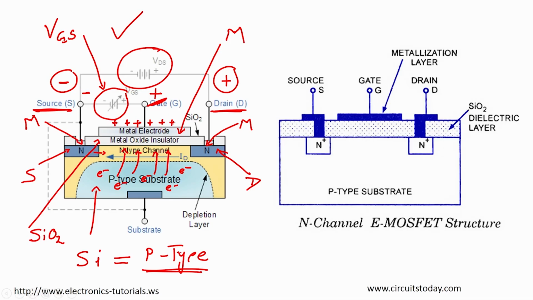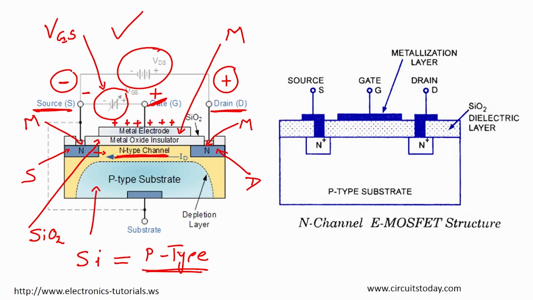Since they get attracted towards the gate, these electrons form an n type channel, which is written over here. Any schematic, even if it looks complex, is not complex when we understand it. So electrons are attracted from the p type towards the gate and form a channel, which will be our n type channel.